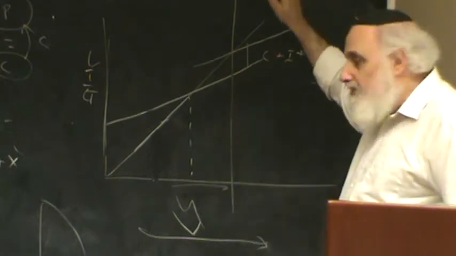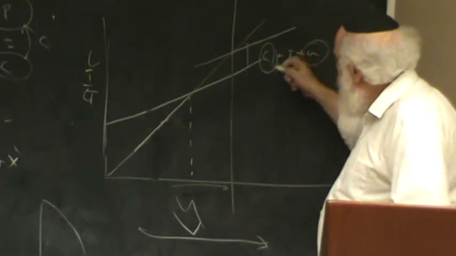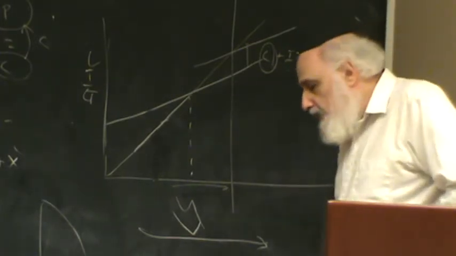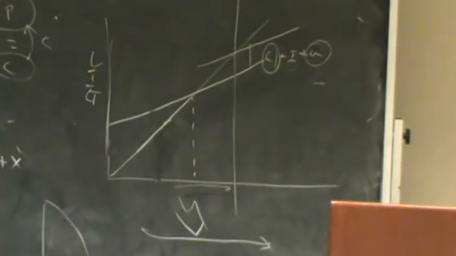How do you raise C plus I plus G? Again, the way you raise it is either by adding government spending or reducing taxes, which will increase consumption.